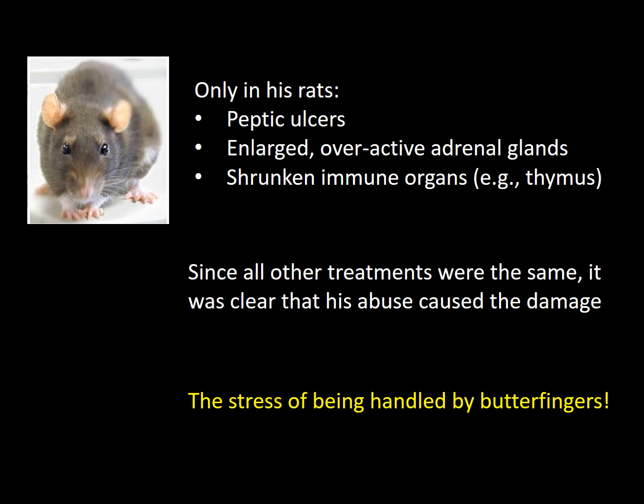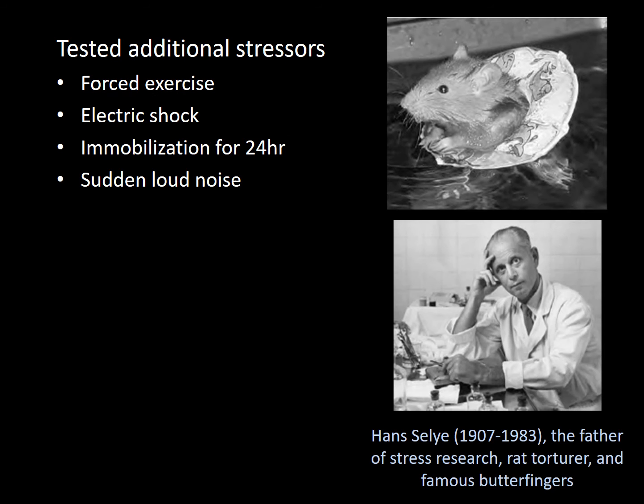Since all other lab treatments, like the amount of injections they received, the amount of food they got, their lifestyles, the size of the cage they lived in, were the same, it was clear that this technician's abuse of the rats caused the damage. So they had stress by being handled by this butterfingers.